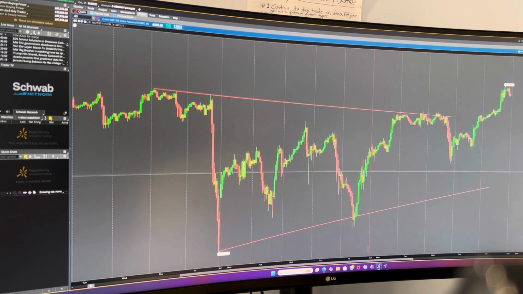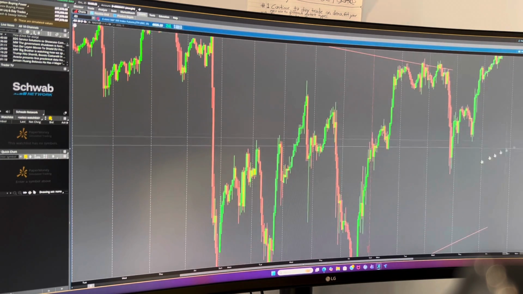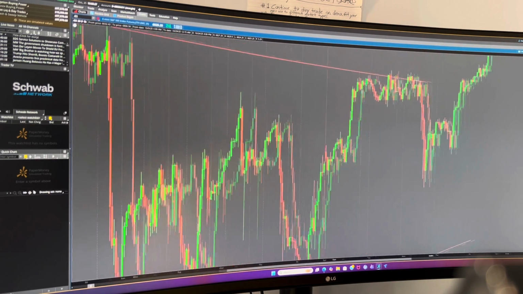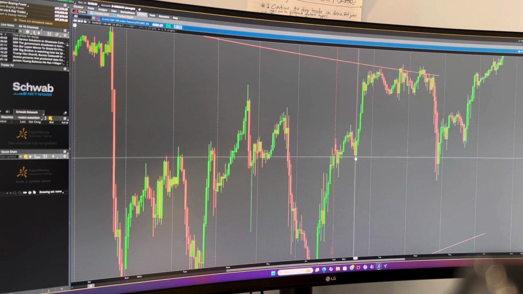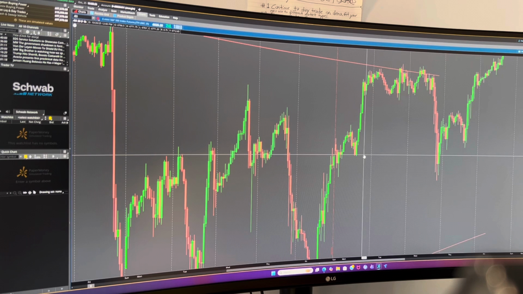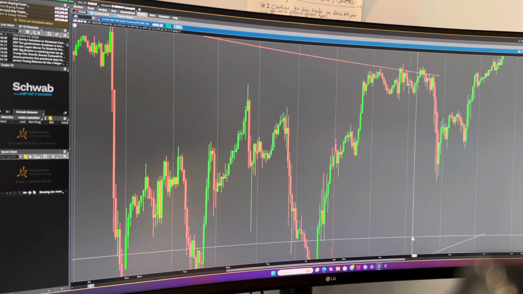It didn't happen, obviously. My first target was this right here. It was 612.50. Yeah, right there. And then I moved it because I wanted to get a bigger move out of it if it was going to continue. So sometimes it doesn't continue, and that's what happened this time, which is fine.